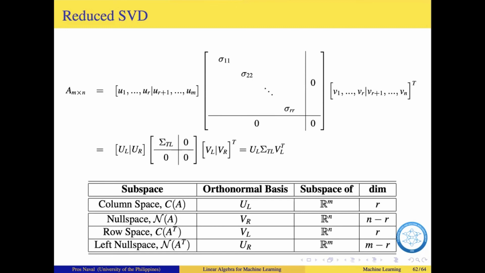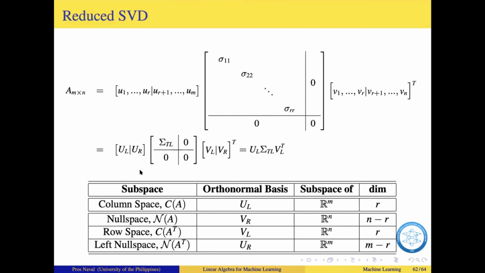We have made the decomposition more compact by getting rid of the unneeded columns of U, sigma, and V. So you now have the reduced SVD, U left, sigma top left, V left transpose.